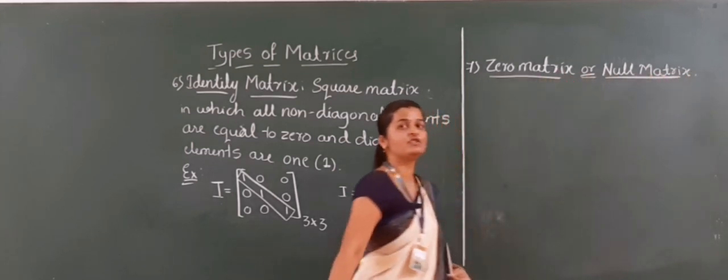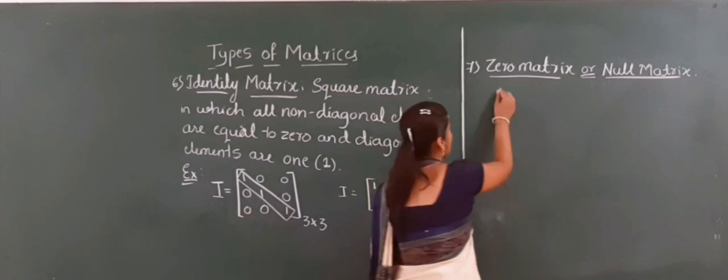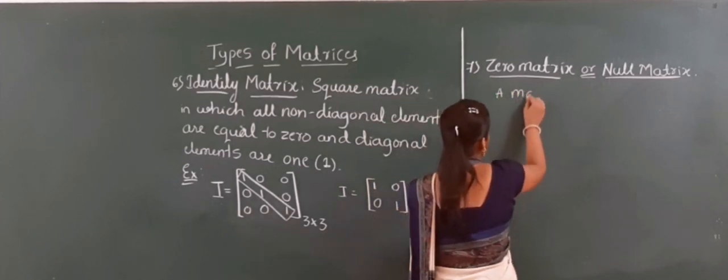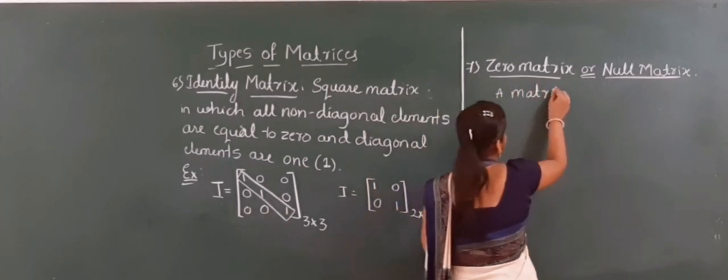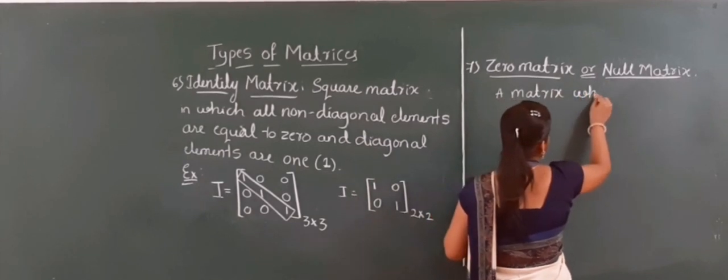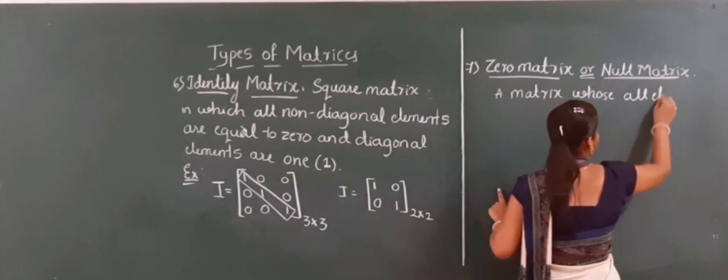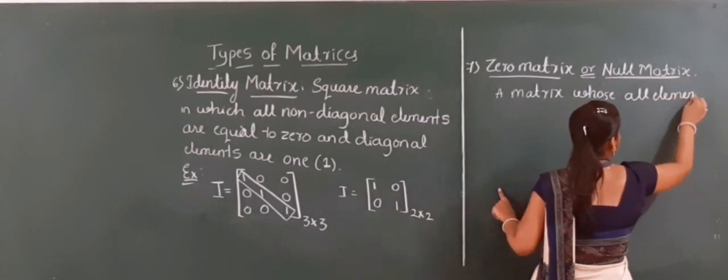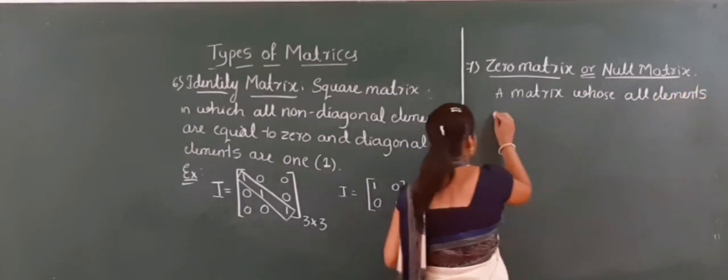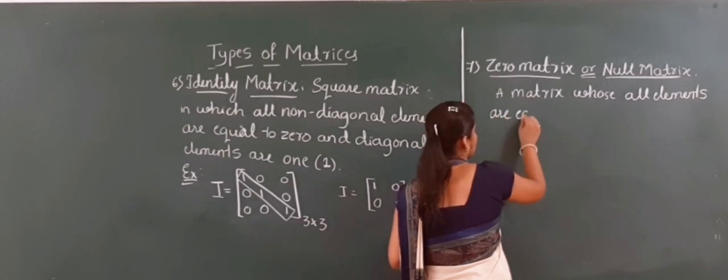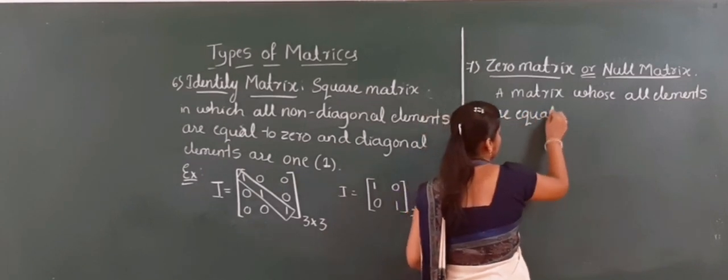So how to define a zero matrix or null matrix? A matrix whose all elements are equal to 0.